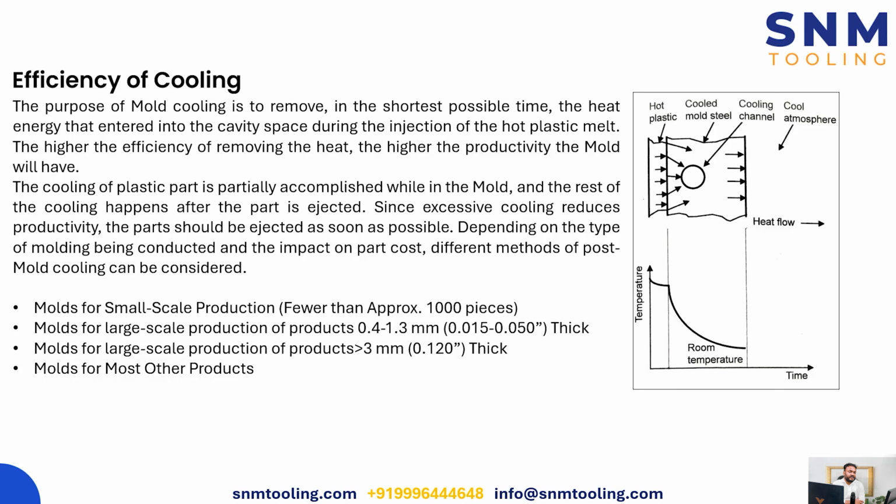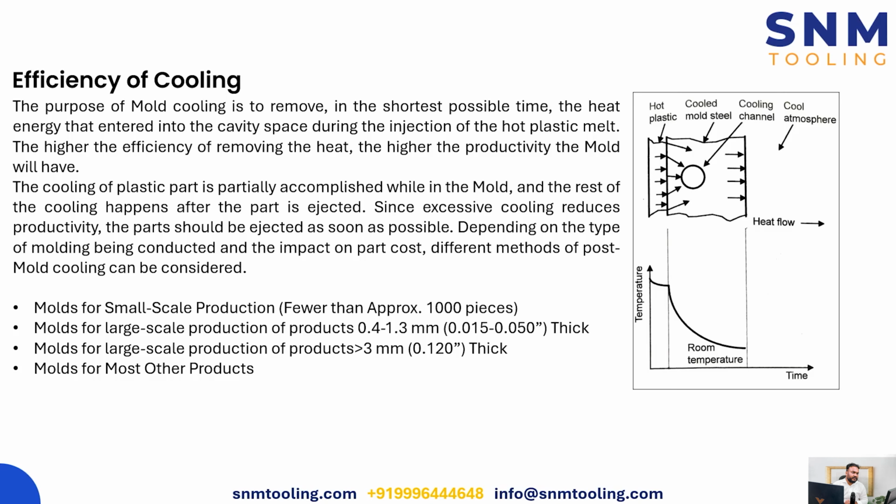So basically, removing the heat in as little time as possible is something we really have to take into consideration, right? And of course, the higher the efficiency, the higher will be the productivity. As you can see, there are four different types of molds for which the cooling approach is different.